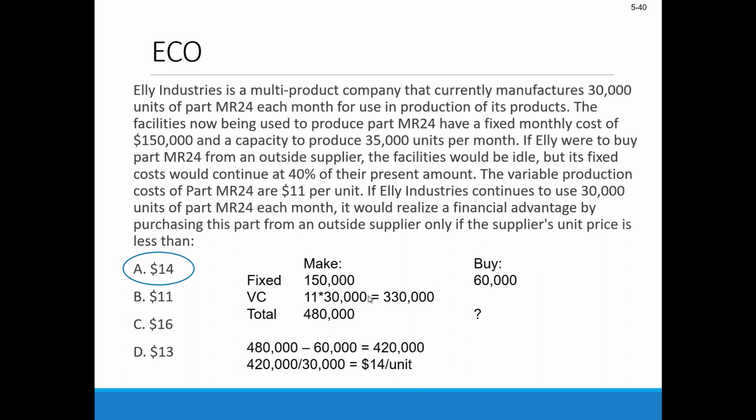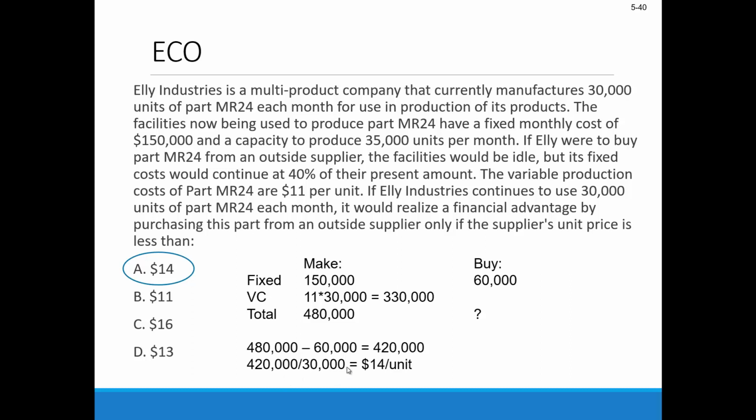So to figure out the indifference point at which we'd want to buy from the outside supplier, we can take that total cost of making the component part, 480,000, minus the 60,000 in fixed cost that remained under the buy scenario for a difference of $420,000.